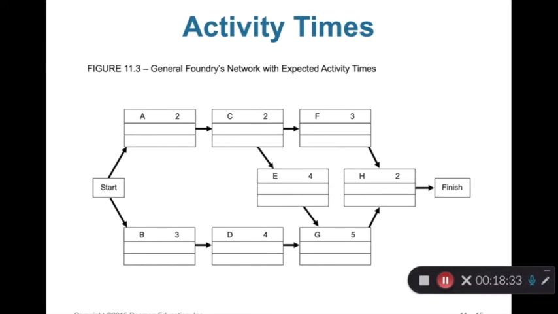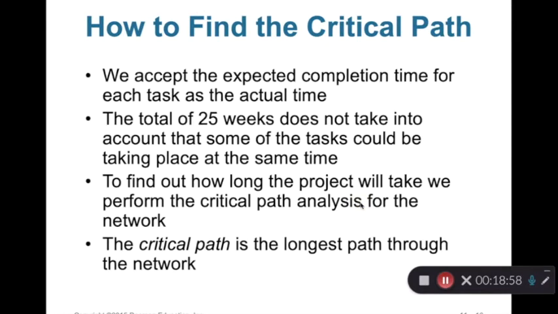Using the formulas, we figured out the expected activity time. Then we put them into the nodes, and the network should look like this. And then you can keep going, because our goal is to find the critical path.